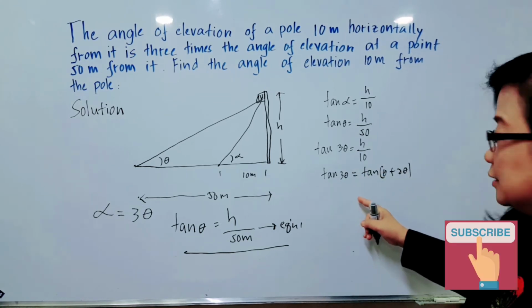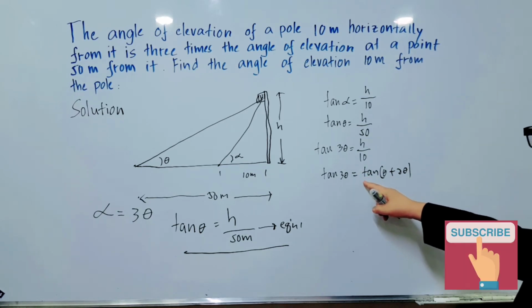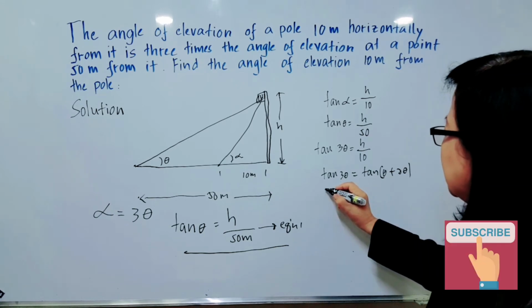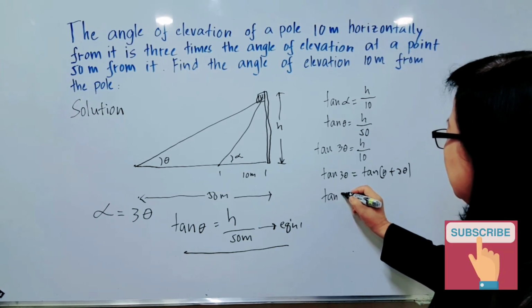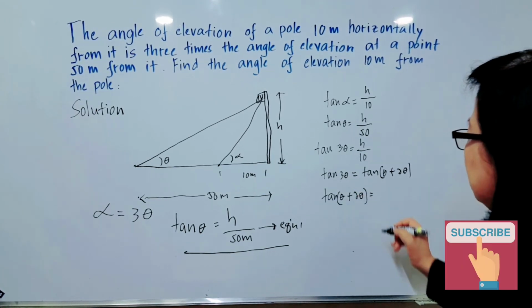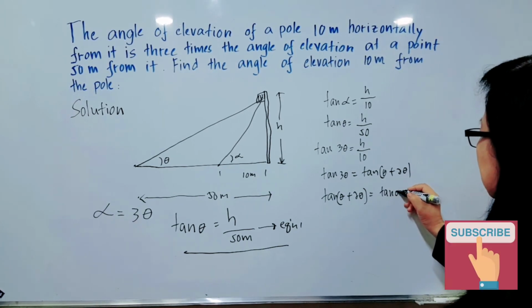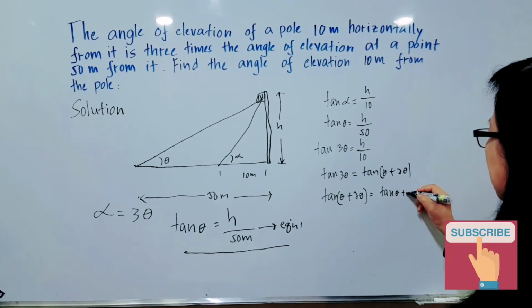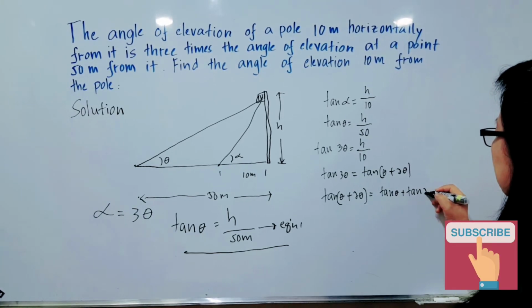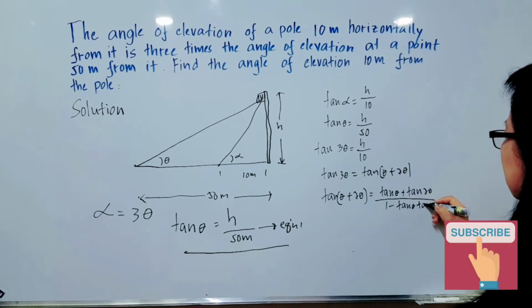We have the formula for trigonometric identities of this tangent: tangent of theta plus 2 theta is equal to tangent theta plus tangent 2 theta over 1 minus tangent theta tangent 2 theta.